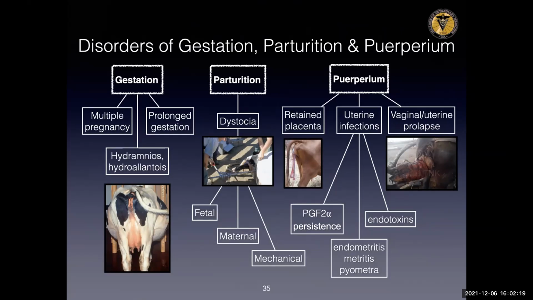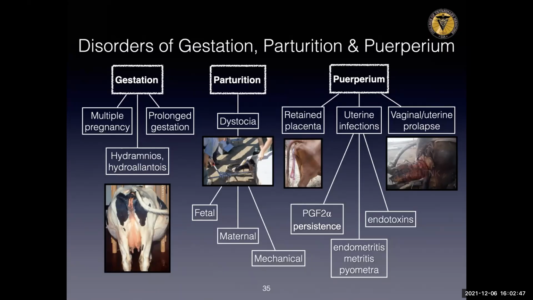For parturition, if there is size mismatch, it could lead to dystocia, and dystocia is categorized either to fetal, maternal, or mechanical. And for puerperium, which is right after parturition, there is retained placenta, which is related to the nutrition. It could be the animal suffering from infections leading to metritis, pyometra, endometritis, or persistence of the corpus luteum, even if there is no longer pregnancy.